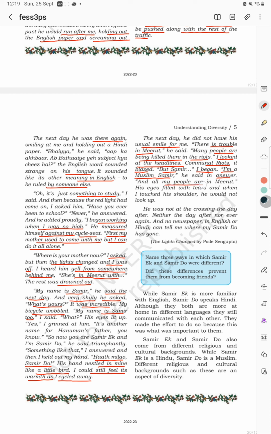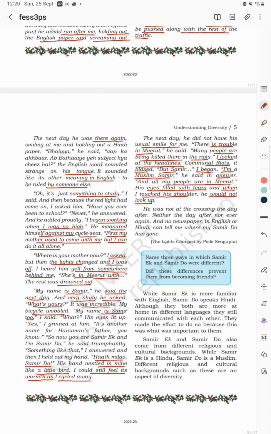"And all my people are in Meerut." His eyes filled with tears, and when I touched his shoulder, he would not look up. He was not at the crossing the day after, neither the day after nor ever again. And no newspaper in English or Hindi can tell me where my Samir has gone.